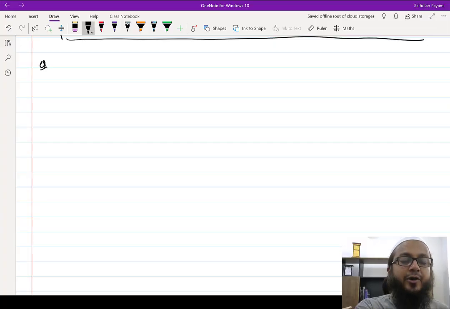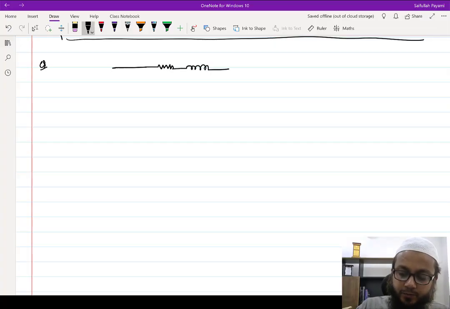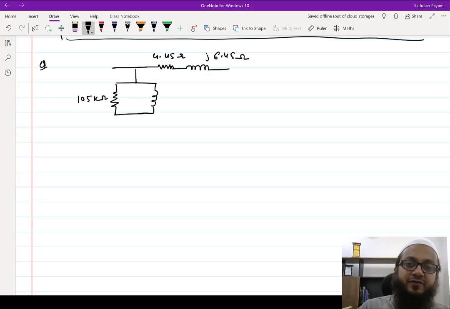Okay, let's say after the open circuit test and short circuit test, we have computed the equivalent circuit referred to the primary side as this value. This was in one of the previous problems, right?